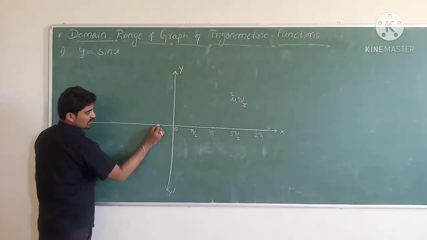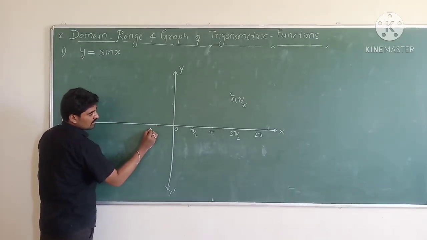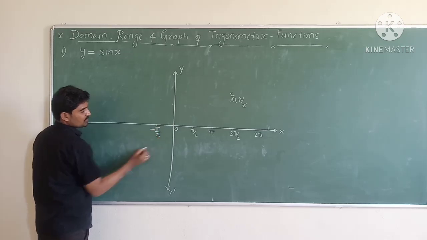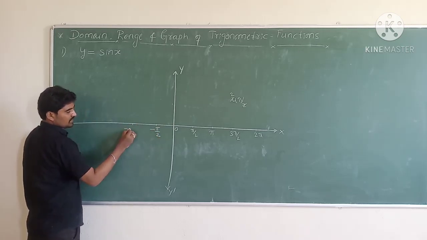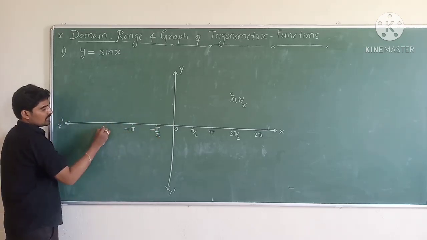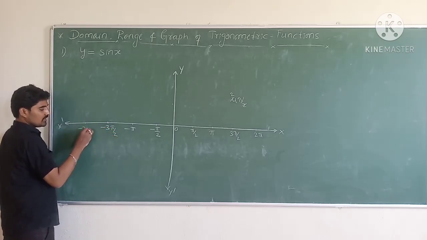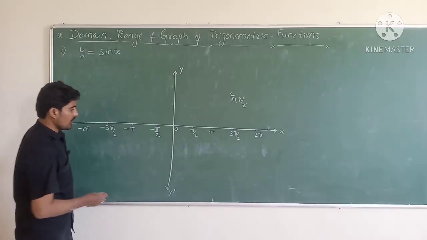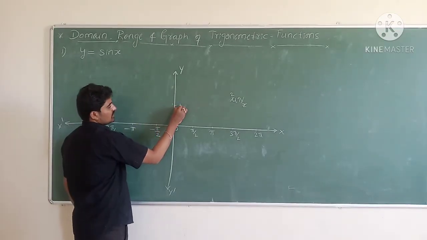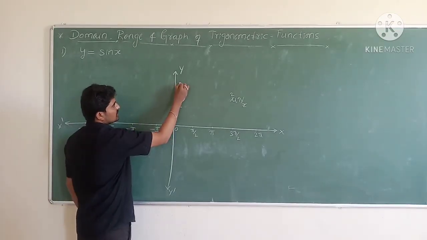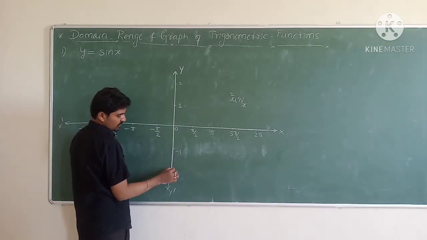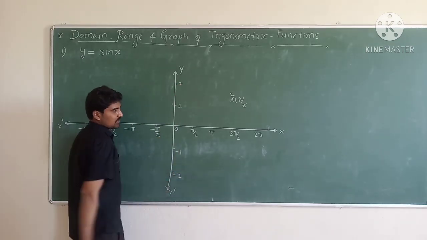Along the negative direction of the x axis: minus pi by 2, minus pi, minus 3 pi by 2 and minus 2 pi. Along the y axis, this point is 1 and this is 2, and this one is minus 1 and this one is minus 2.